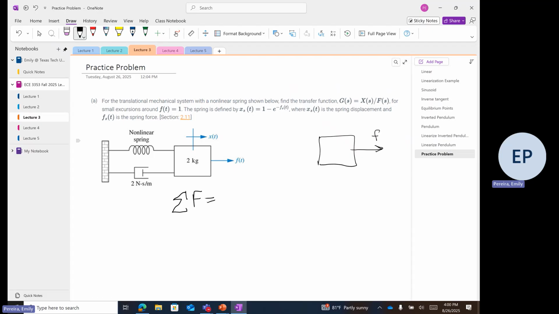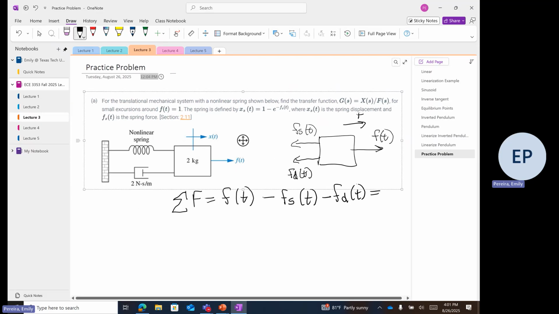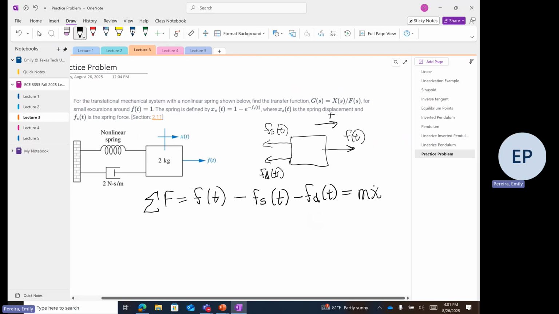So we have a force acting in this direction, and then we have two opposing forces. One is the spring force, the nonlinear spring, and one is the damping force, which is linear. Okay, so if we write the sum of the forces now, where this is our positive direction, we have f of t minus fs of t minus fd of t is equal to our mass times acceleration, which is the second derivative of the position, right?